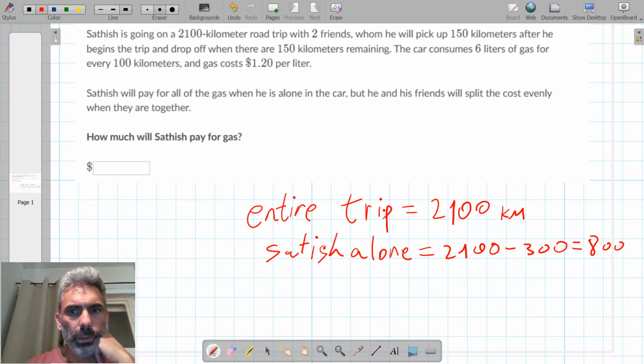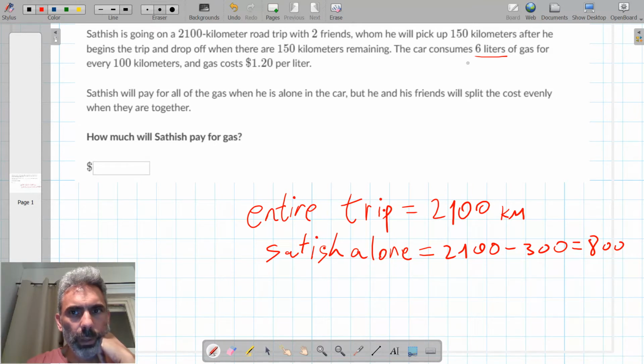Okay, so how many liters of gas for the entire trip is 6 times 21.